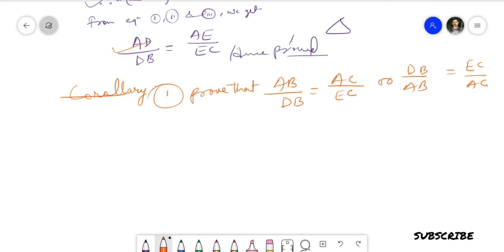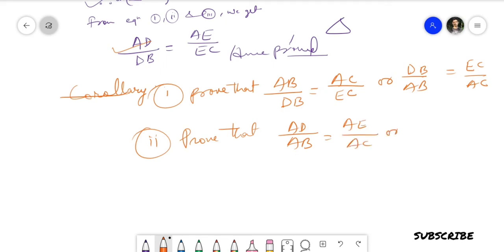So we will prove this one, and number 2, prove that AD by AB is equal to AE by AC, or we can say the reverse, AB by AD is equal to AC by AE. So we'll be proving this with the help of theorem number 1.